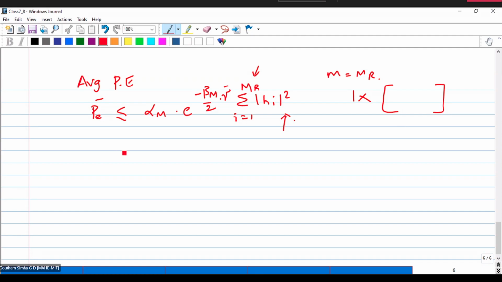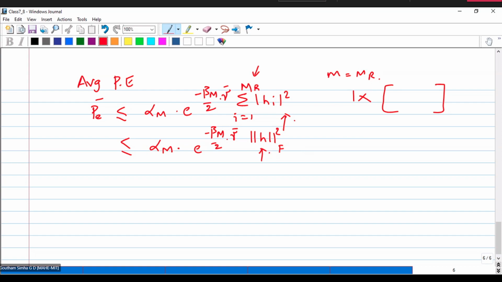If you write it like that, then it becomes less than or equal to alpha m into e to the power of minus beta m by 2 into gamma bar. This whole thing can be written as the Frobenius norm of h. This term, whatever I have written over here, is the Frobenius norm.